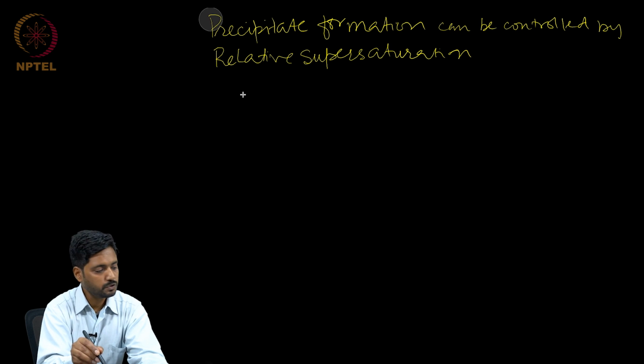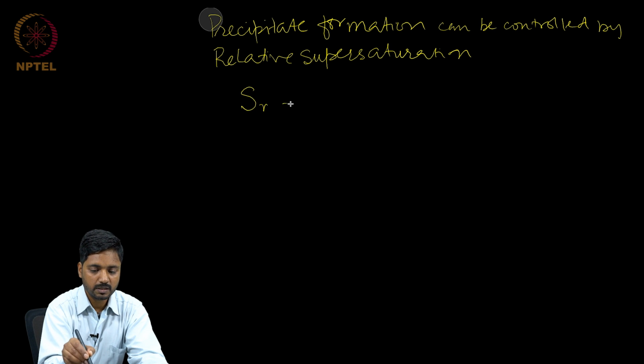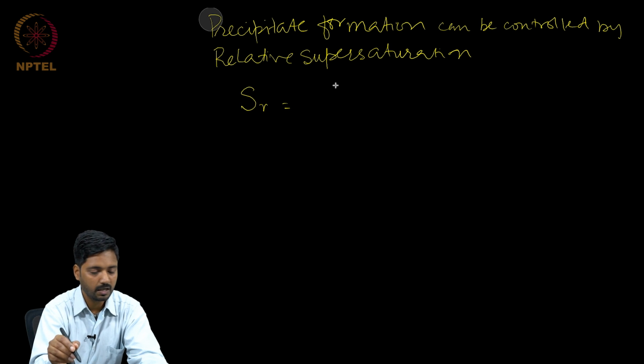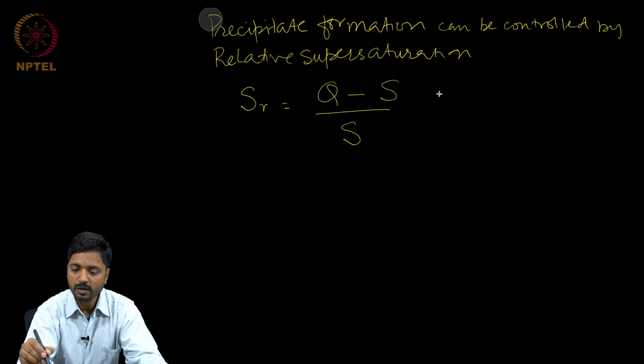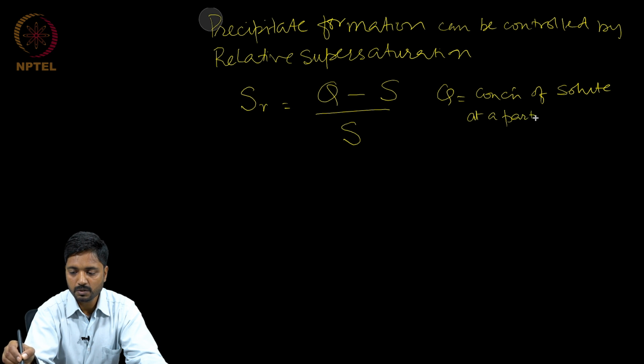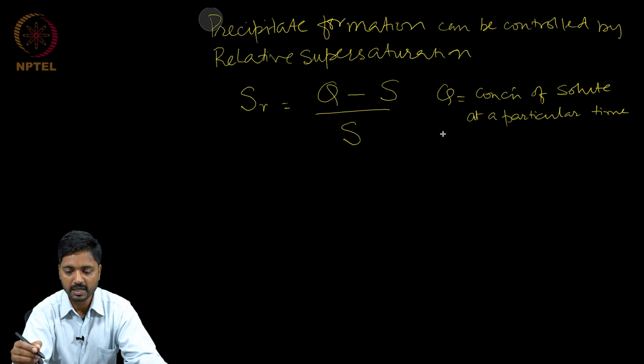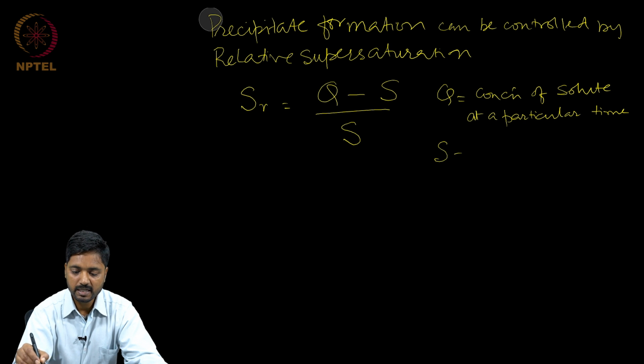How do we define relative supersaturation? We define relative supersaturation as SR being Q minus S by S, where Q is the concentration of solute at a particular time during our reaction or titration or making of the particle, and S is the supersaturation limit or the solubility limit.